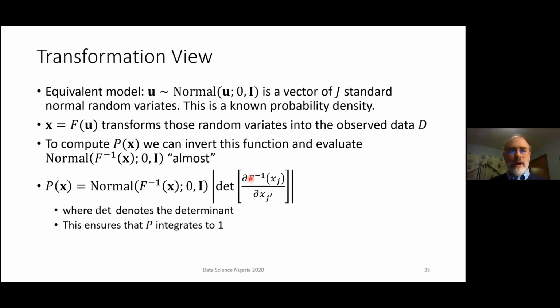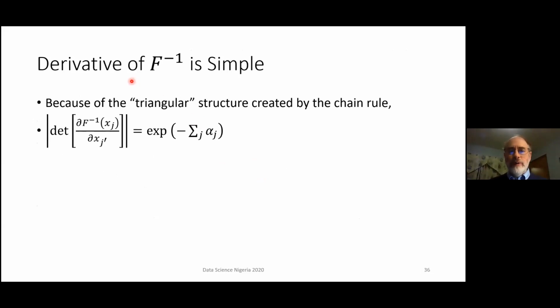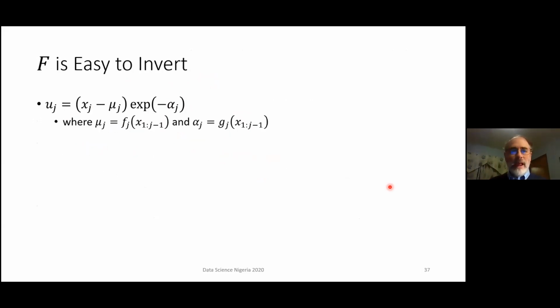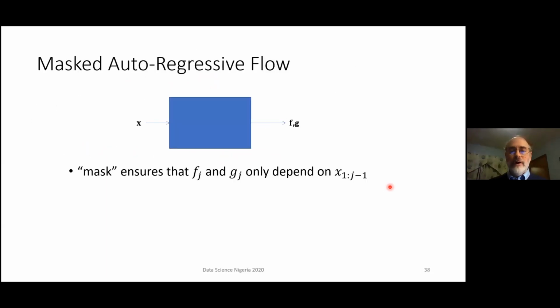It turns out that the derivative is simple because of the triangle structure, and the determinant also has a very simple form, and that's why a lot of these design decisions were made. And the F function turns out to be very easy to invert as well. And so you end up with what's called the masked autoregressive flow.